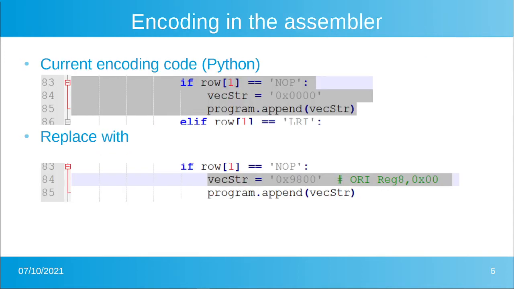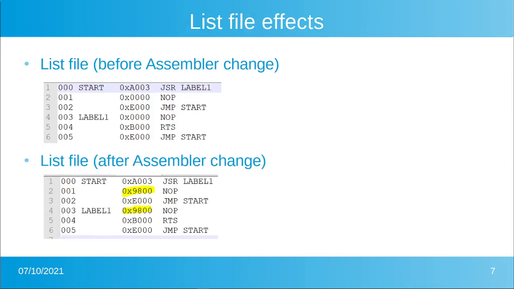So the current encoding inside the Python assembler is to encode it as all zeros. All we have to do to change that is to change that current encoding to a 0x9800, which will encode it as an OR immediate register 8 with 0. And that produces the desired result.